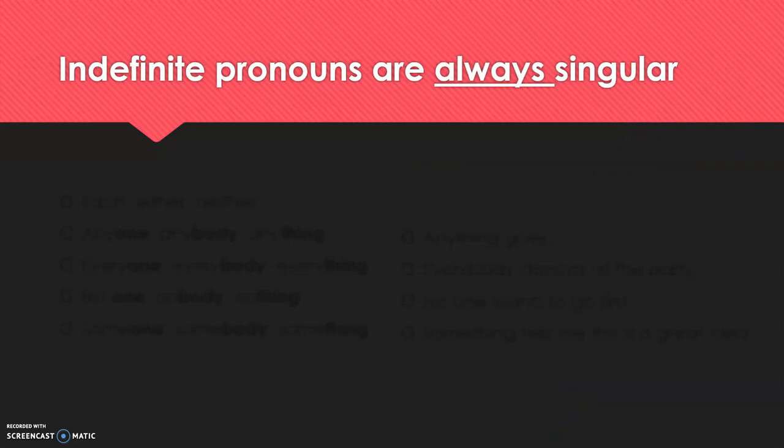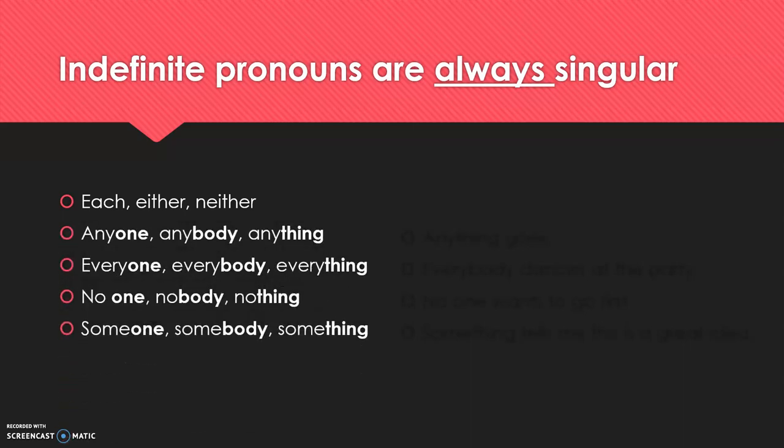Indefinite pronouns are always singular. So indefinite pronouns include each, either, neither. Now this is very close to what we looked at in the previous slide. So let's focus on these other indefinite pronouns. Anyone, anybody, anything, everyone, everybody, everything. If you notice in these last 4 lists, you'll see the word one, body, and thing.